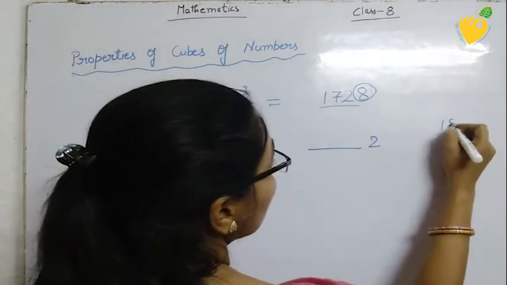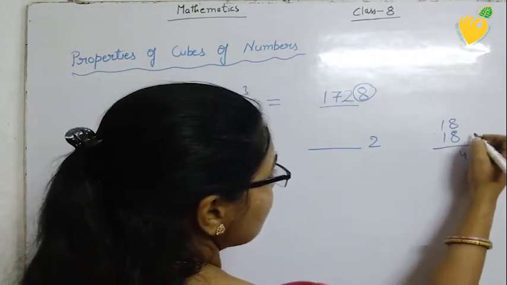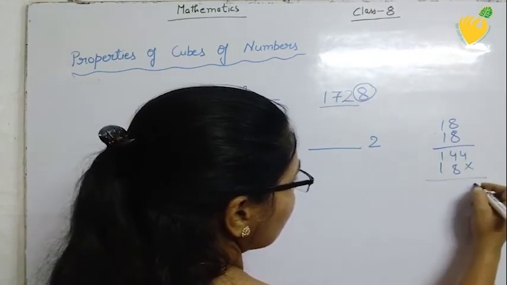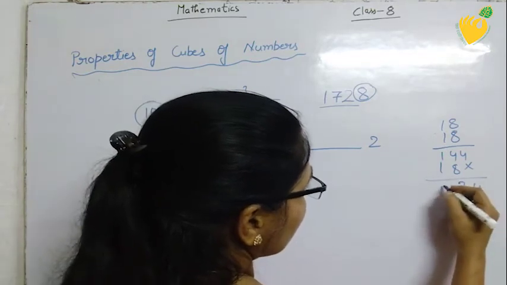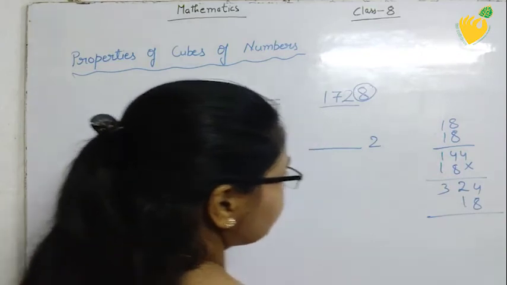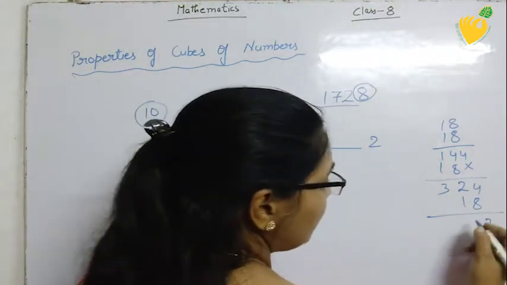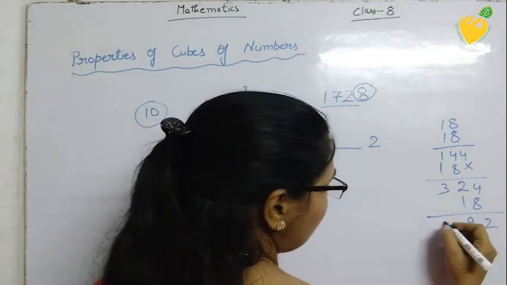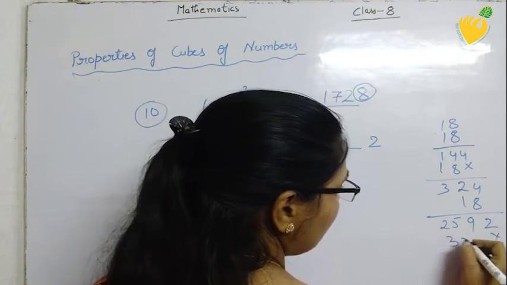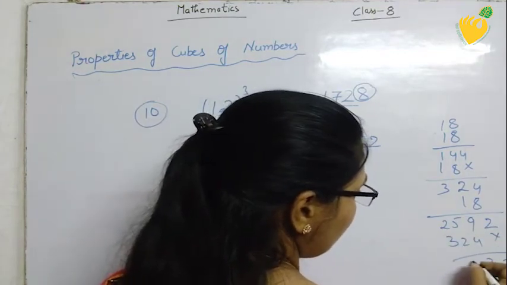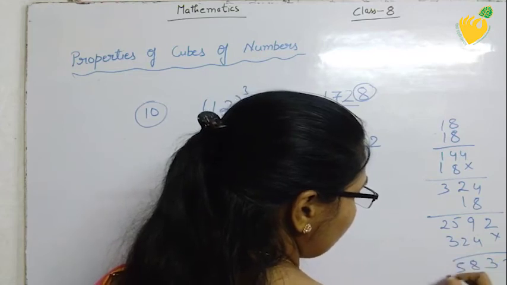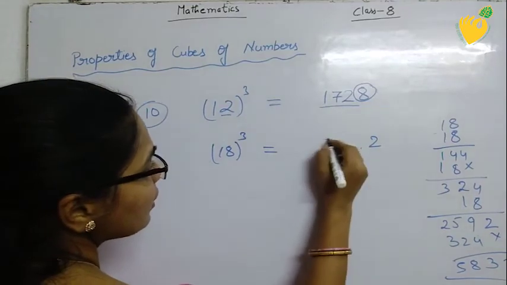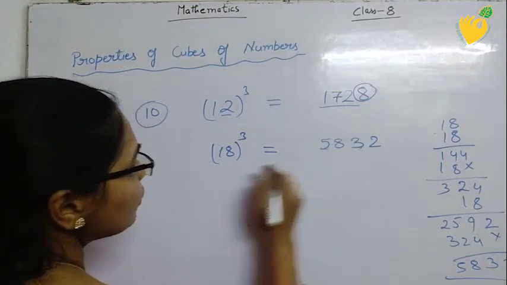See, the cube of 18. 8 into 8 is 64, 8 into 8, 4, and so on, the result ends with 2.